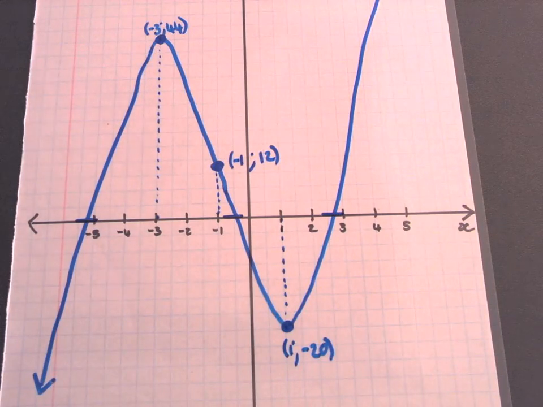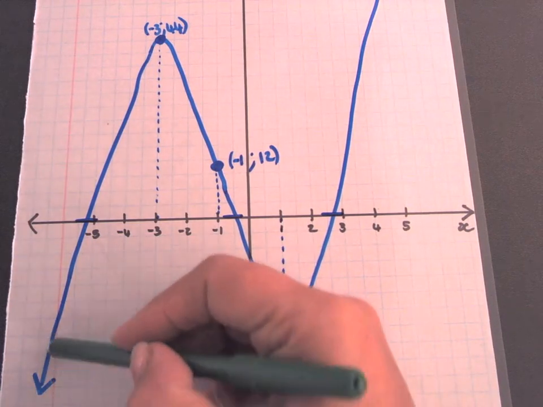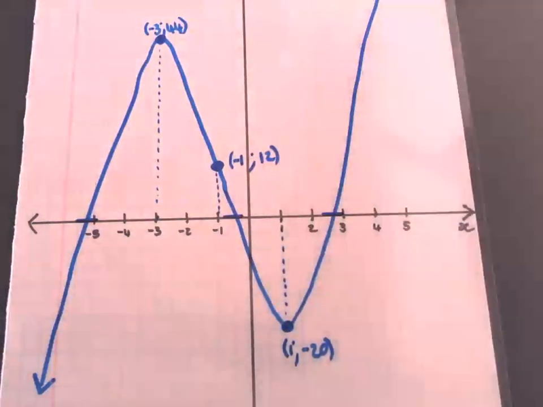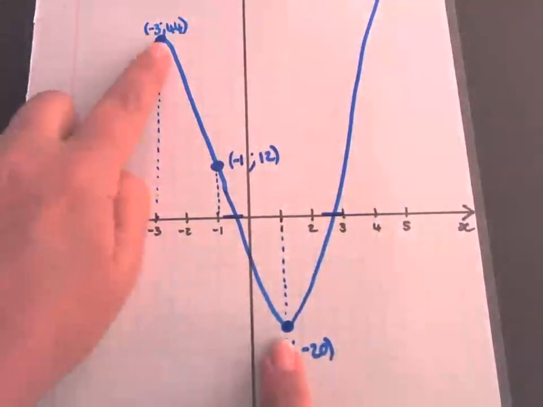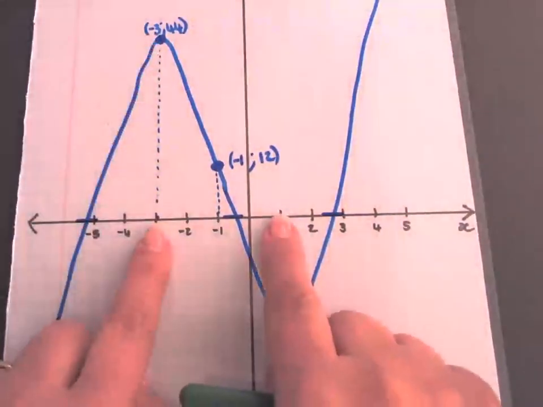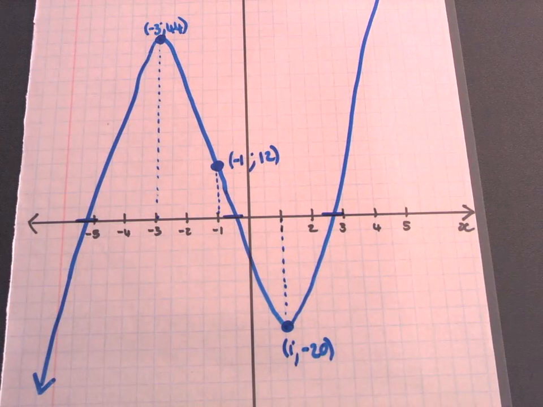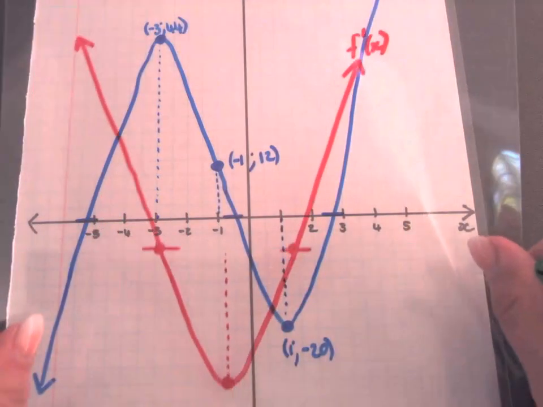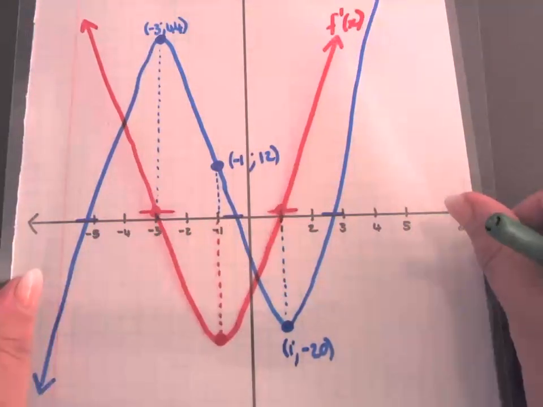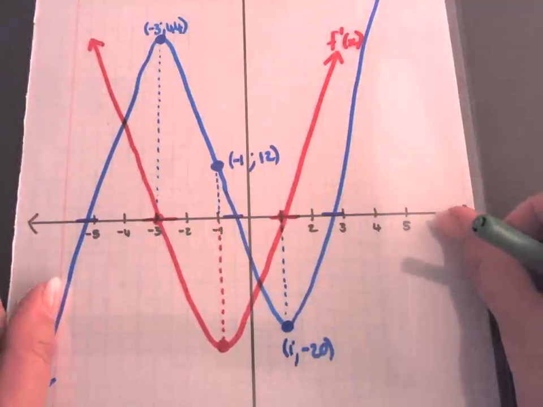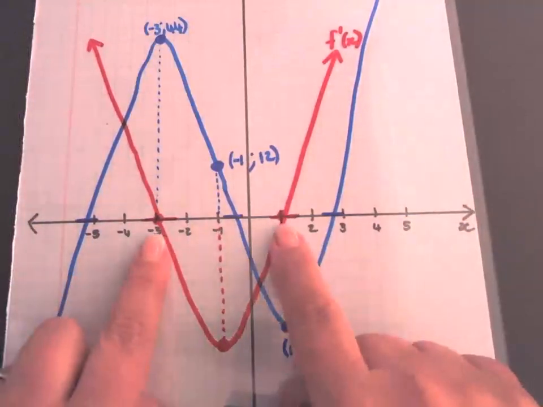Let's just recap with the graphs on top of each other. If we have the cubic function and we get the x values of the turning points, that will be the same as what? Yeah, the x values of the intercepts.